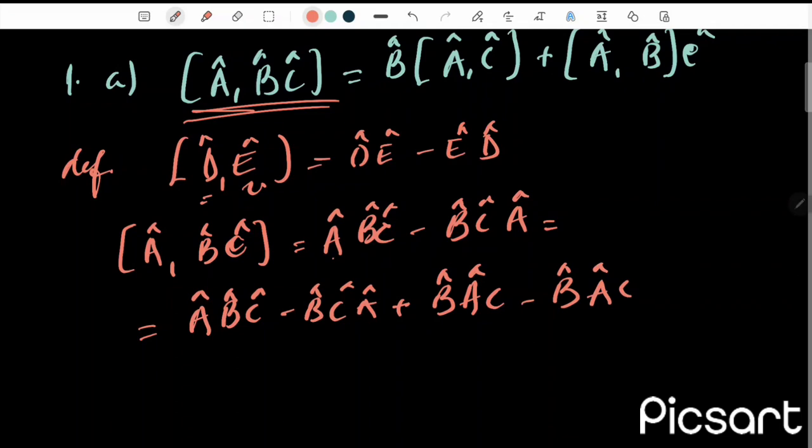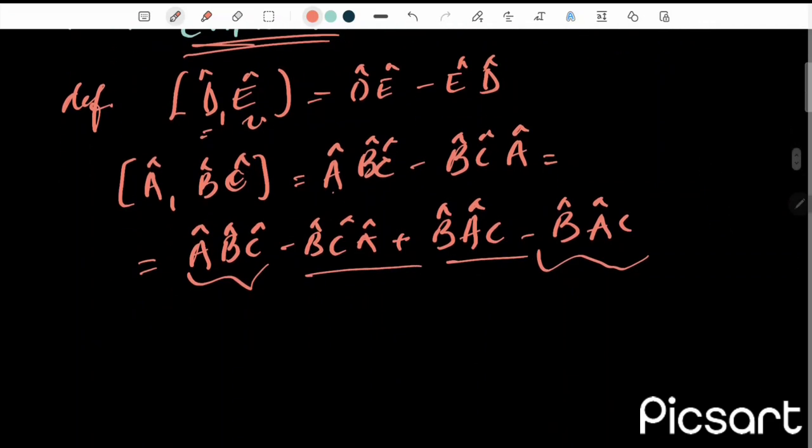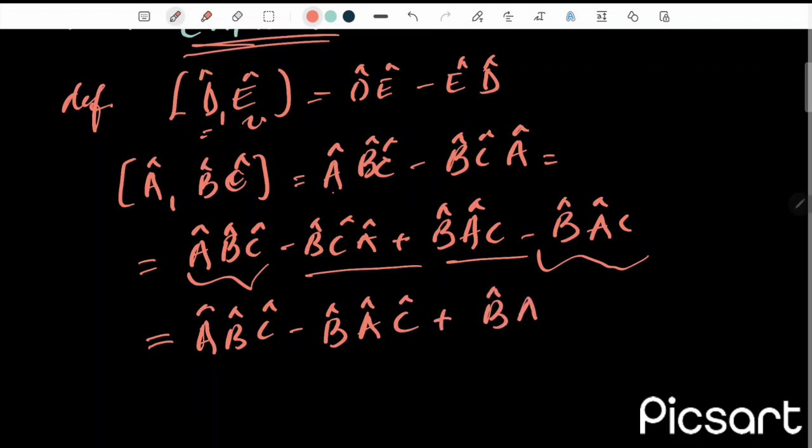Now we can work with this term with this one, and this term with this one, so that we can write now ABC minus BAC plus BAC minus BCA.